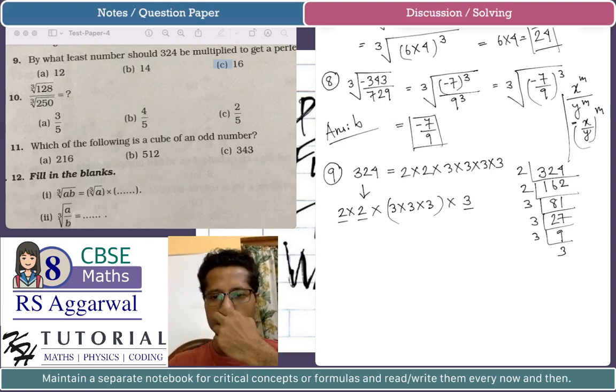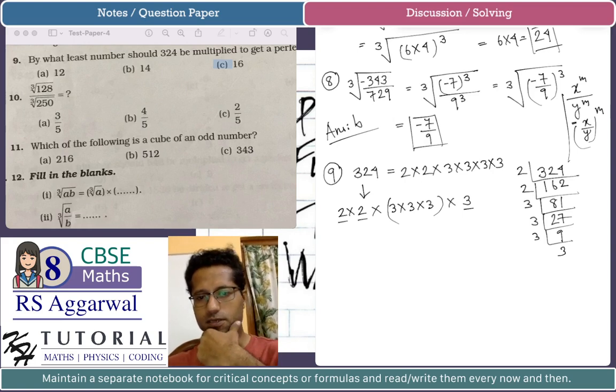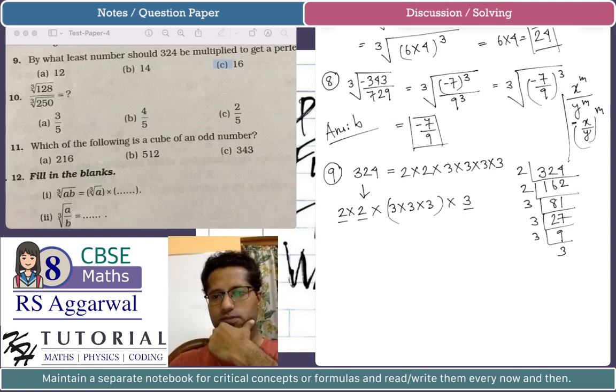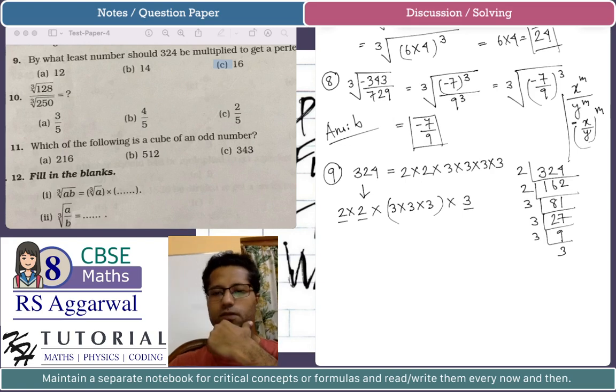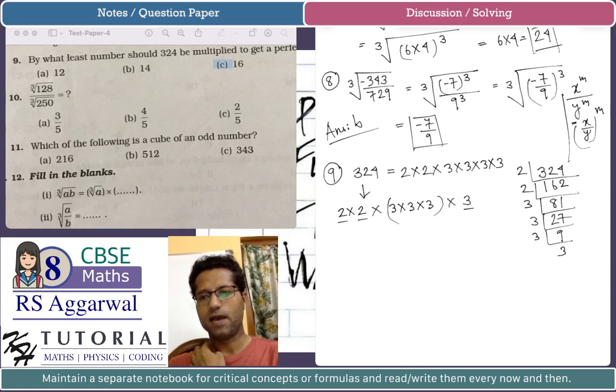And we have to consider all those factors which are not part of a triplet. If any of those factors occurs multiple times, for example in this case the factor 2 occurs 2 times and both are not part of any triplet, then if any such factor occurs more than once, we will merge them as a power.